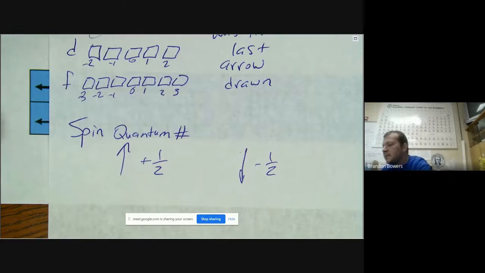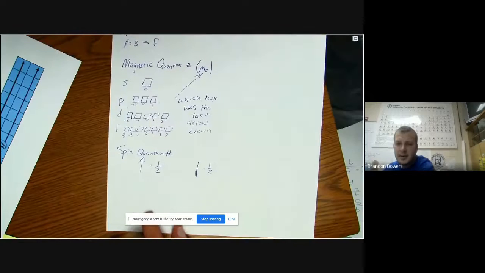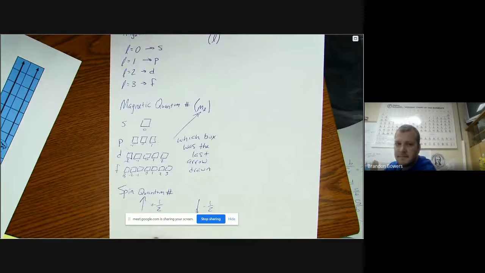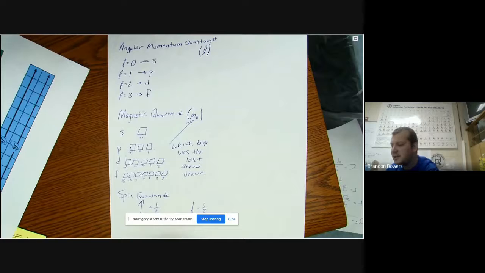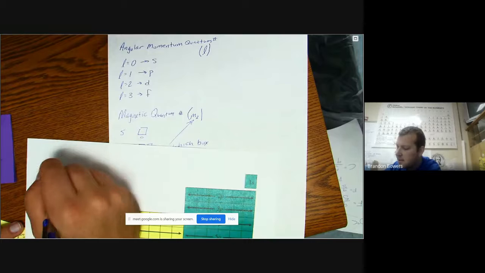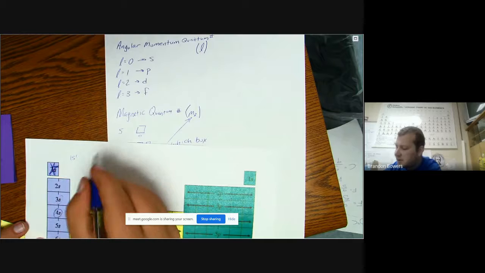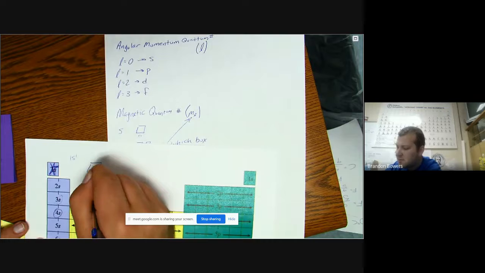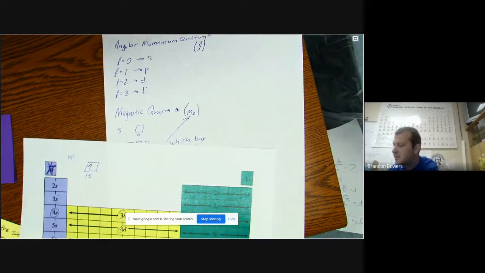So what we're going to do is apply all this information and try to solve some problems. I'm going to pick a random element, let's do hydrogen. Hydrogen's number 1, so it's up here. Hydrogen is 1s1. If I'm drawing the boxes, there's my 1s and 1. My first person to walk on the bus has an up arrow. So let's walk through the 4 quantum numbers.